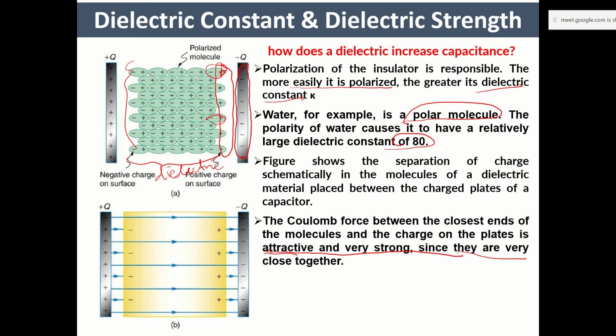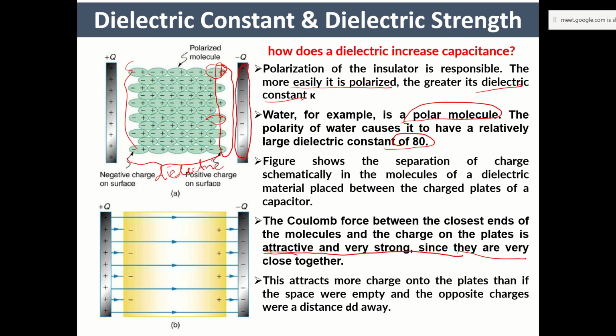Because of the stabilizing effect of attractive interaction, more and more negative charges can be accumulated on the plates, and so your capacity increases. It's simple. So that's how.